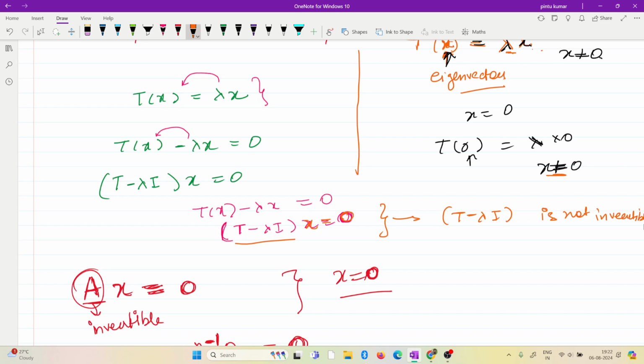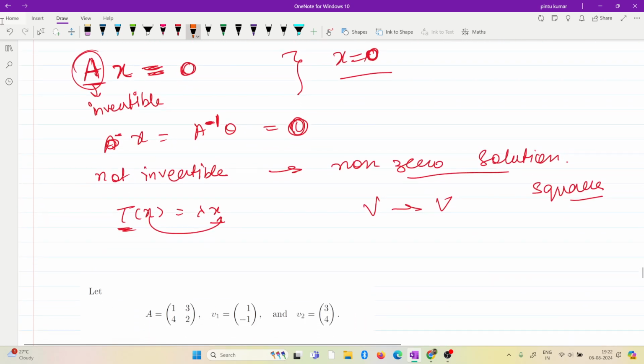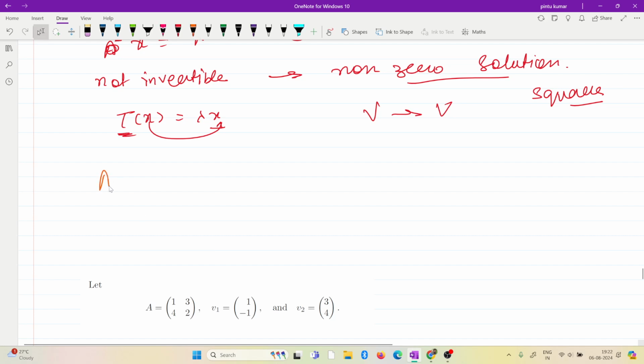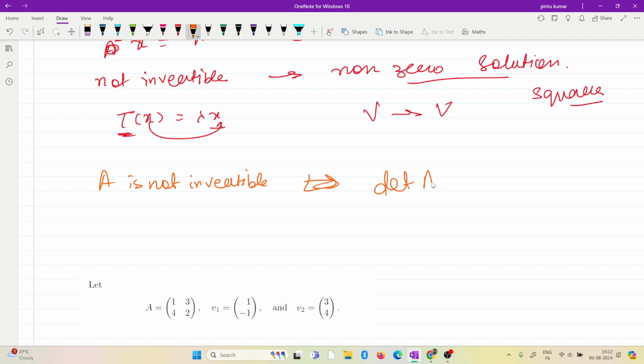If you recall your class 12th days, a matrix A is not invertible is the same as saying that the determinant of A is 0.